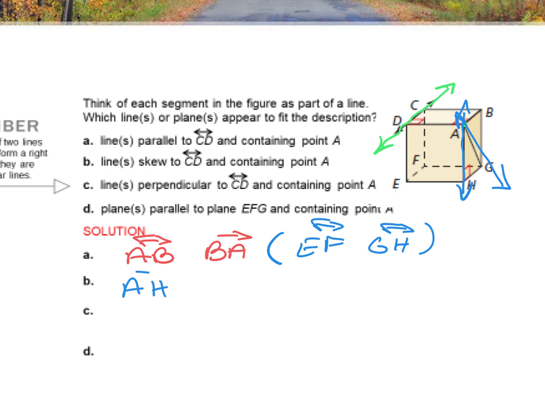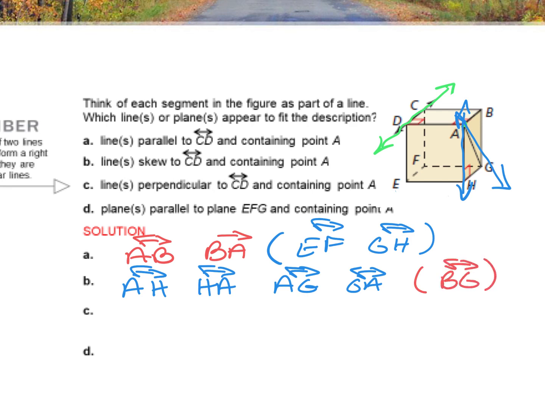You could also reverse it, say HA, also AG, or GA. The other skew line here would be BG. So a skew line that did not include A would be BG.